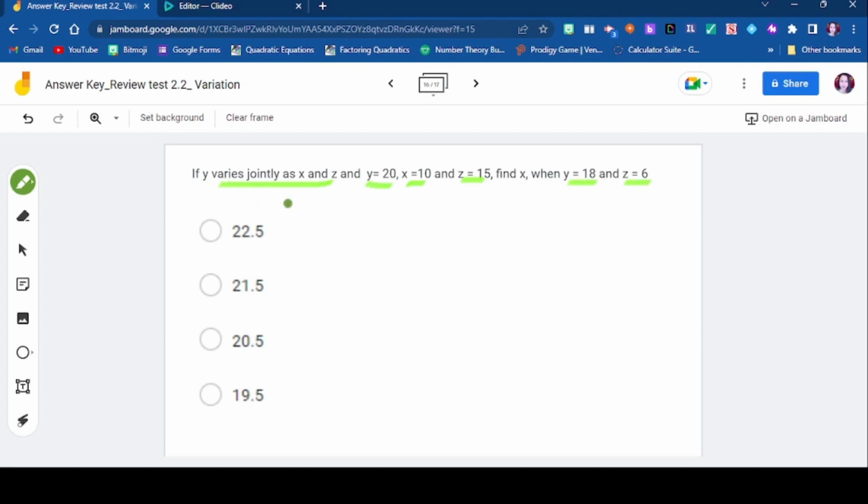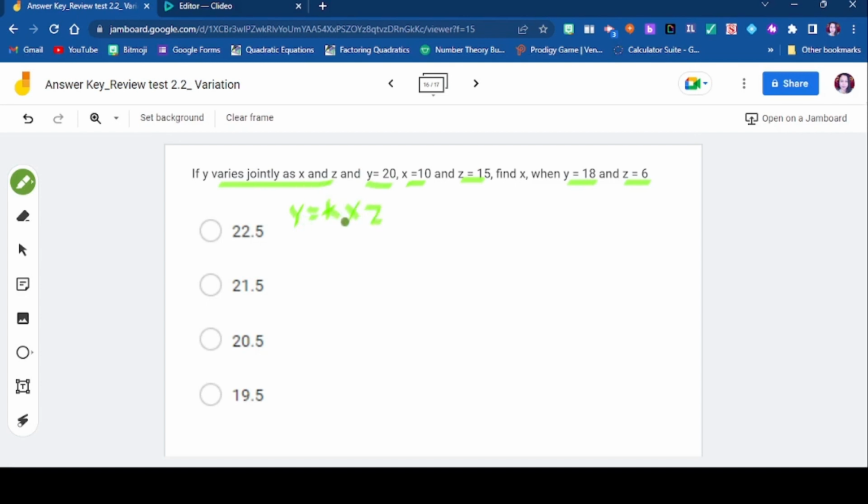So varies jointly, therefore, all we have to do is multiply the x and the z with the constant. So remember what I've told you, that varies jointly is just a multiplication, or we just simply get the product of the constant with the other two quantities, which is the x and the z.